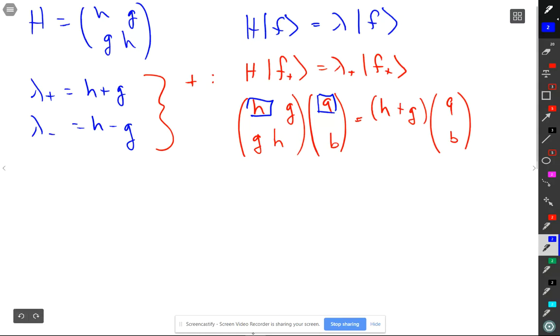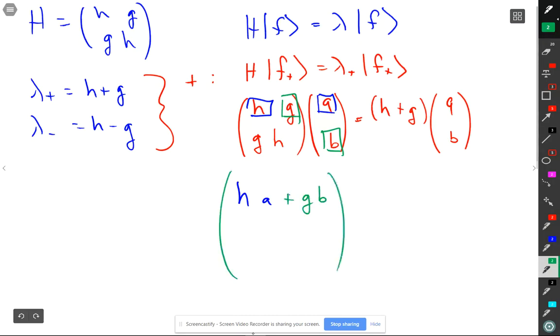And so I have HA, and then second and second, plus GB. And then I go down to the second, and I'll have GA plus HB. So that's what I get when I multiply the left-hand side of my equal sign.